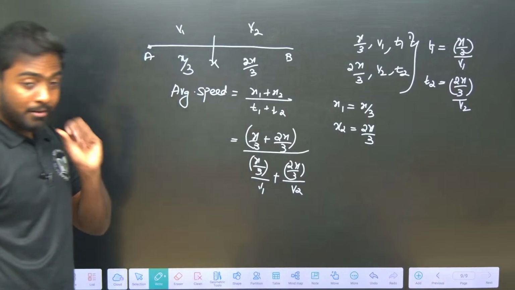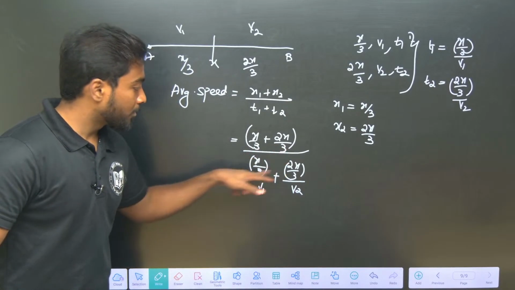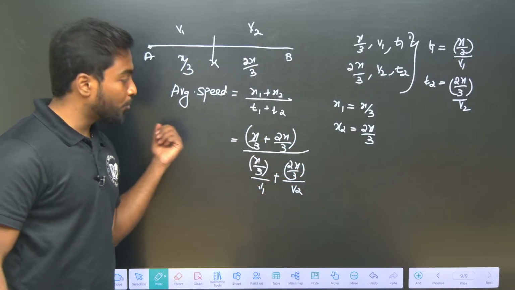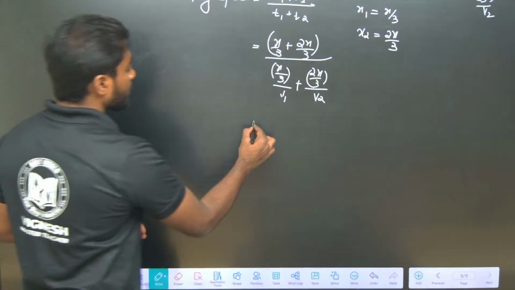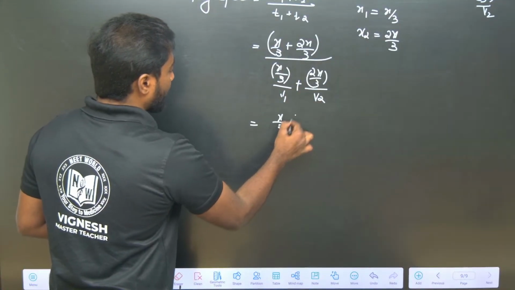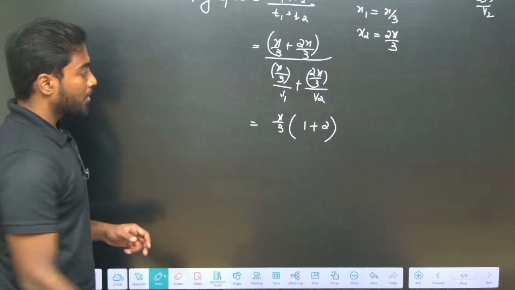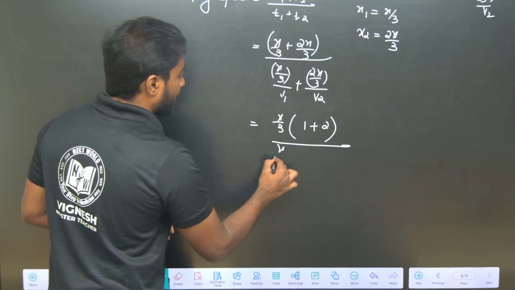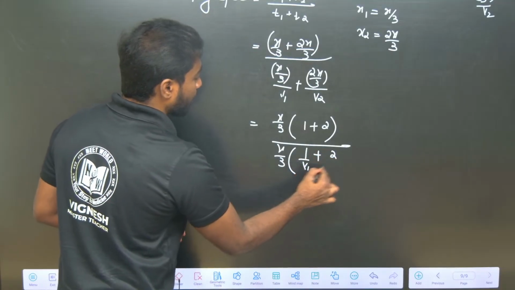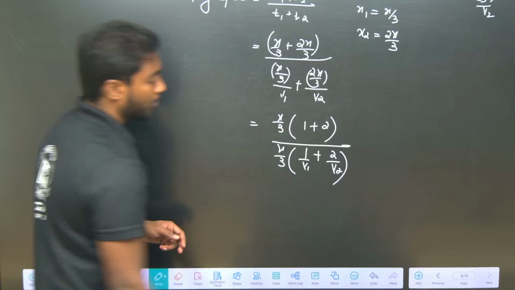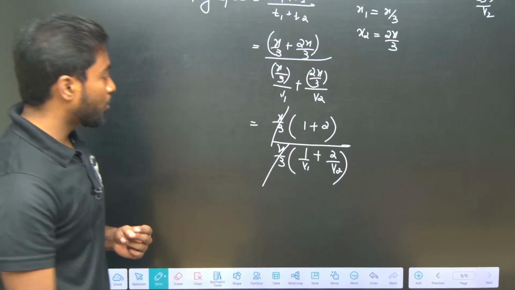But here we can take x by 3 commonly outside, so it's very easy. What is the answer? 1 plus 2, divided by x by 3 taken outside, 1 plus 2, 1 by V1, 2 by V2. So x by 3 got cancelled out.